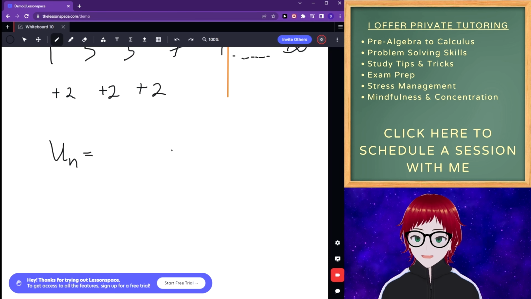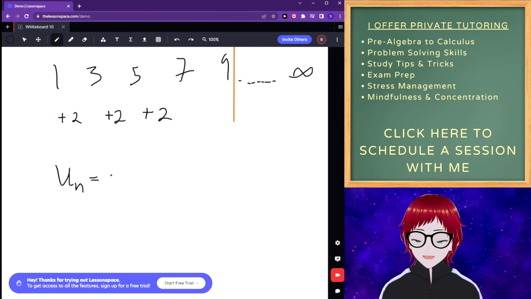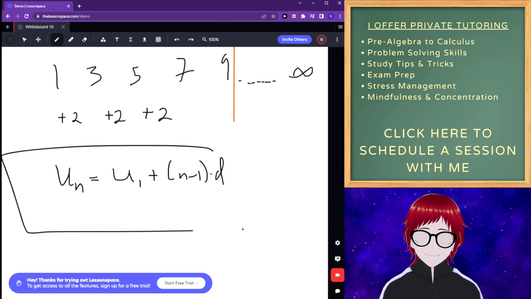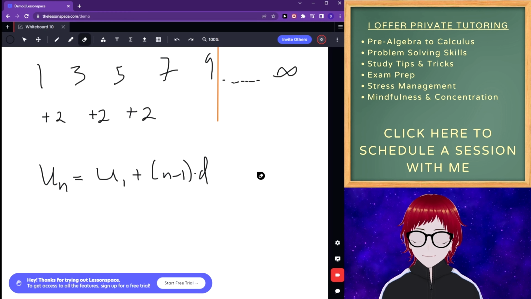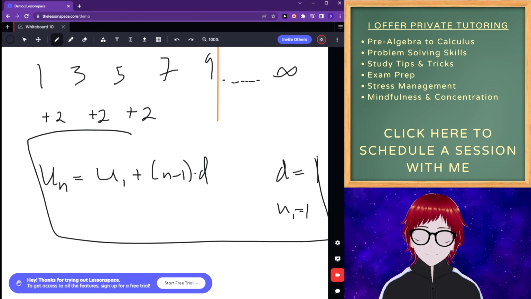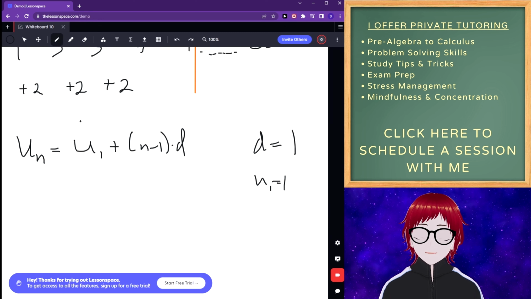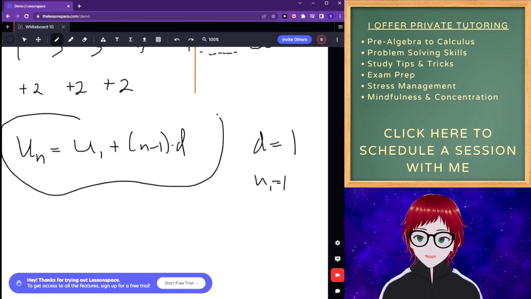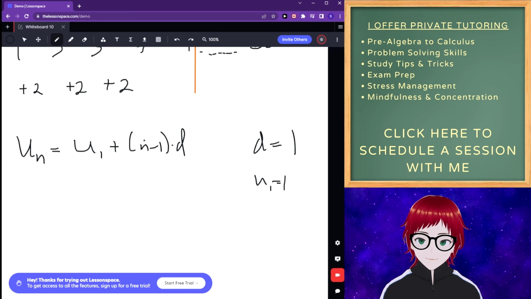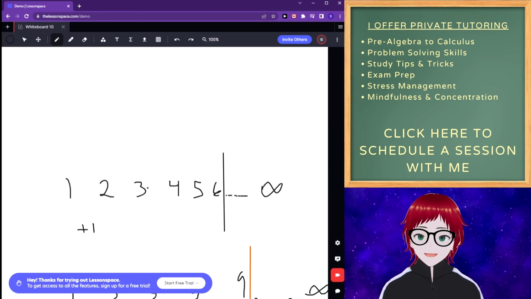What would be the rule? Well, it would be something like u1 plus n minus 1 times d. We're going to get into this in a few moments, where in this case d would be equal to 1, and then u1 would also be equal to 1. I'm going to explain this in a moment. But if we wrote down a sequence with a rule such as this, we wouldn't need to write every single term in the sequence.